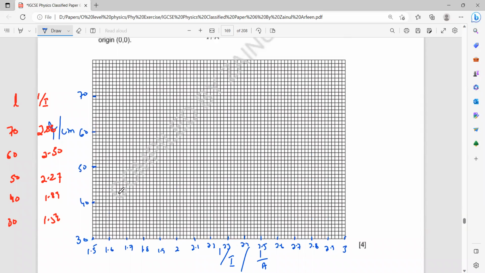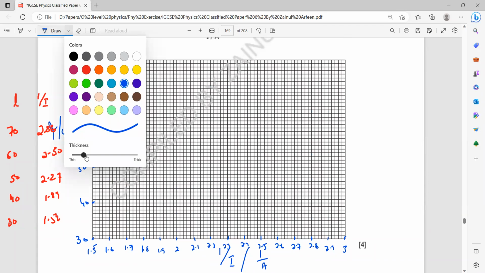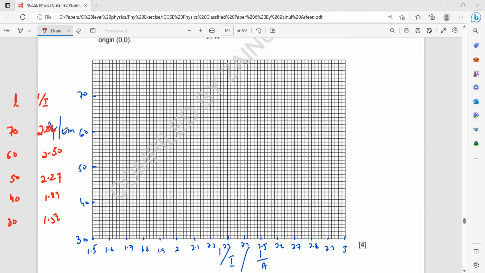Now, the points we have, we mark the points. First point, 70 and 2.86. So 70, and 5 boxes are there, so each is 0.02. This will be 2.82, 2.84, 2.86. So the third line after 2.8 will be 2.86, and then 70.